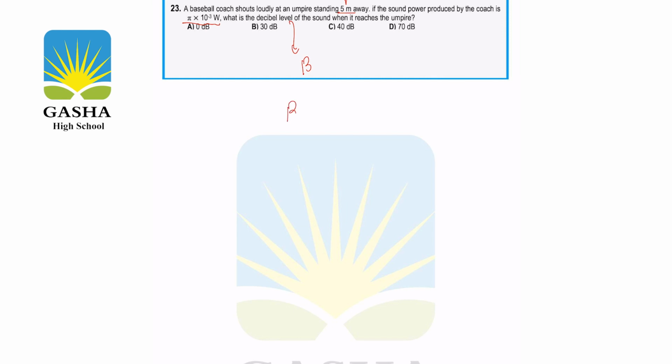Beta, we already know, is equal to 10 log I, the intensity of the medium, over the threshold of hearing. The threshold of hearing, we already know, is 1 times 10 to the power negative 12, but we don't have the intensity. Since we have the power and the radius, we can easily find the intensity of sound.